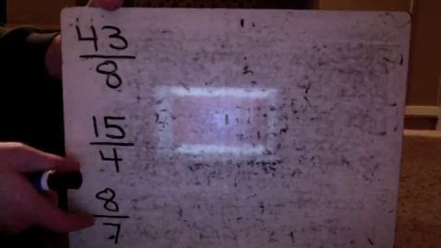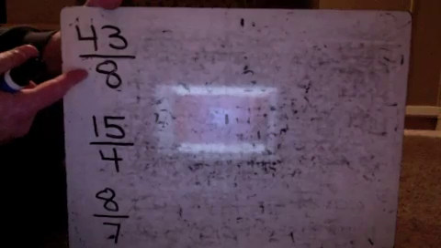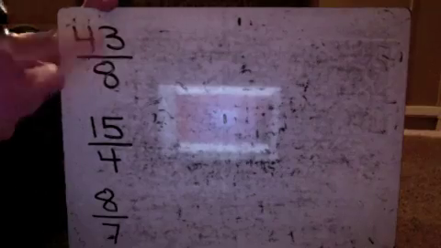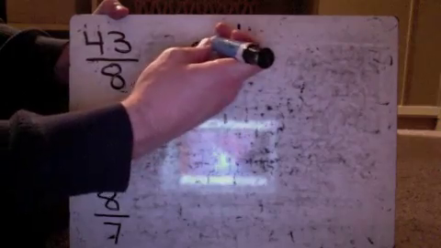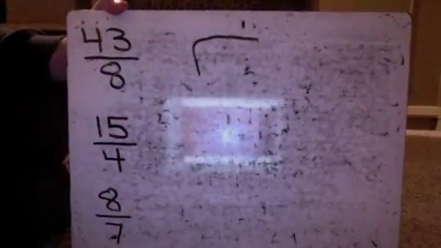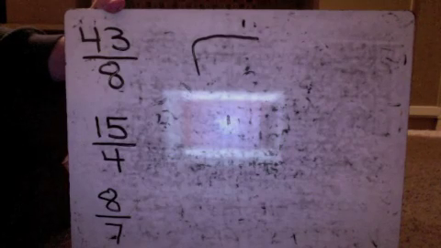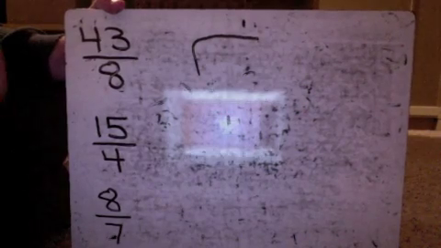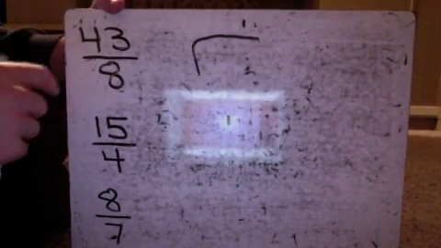Same thing for the rest of these. So all I need to do is set up a division problem like we've done before to figure out what this is. Now here's the catch. When we set up this division problem, hopefully you understand that the bottom number goes on the outside and the top number goes on the inside. But if for some reason you mess that up, you should be able to easily tell if your answer makes sense.